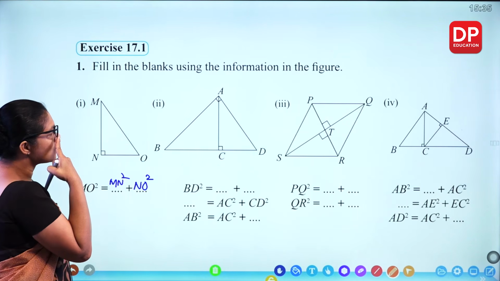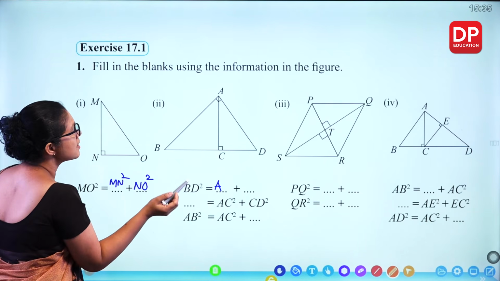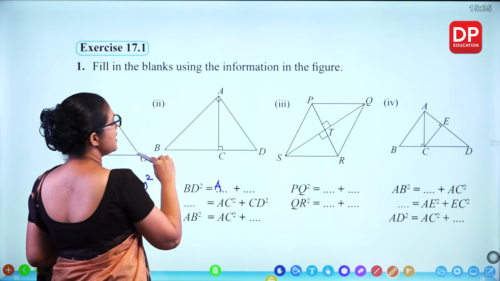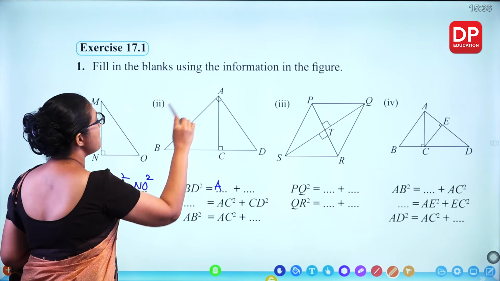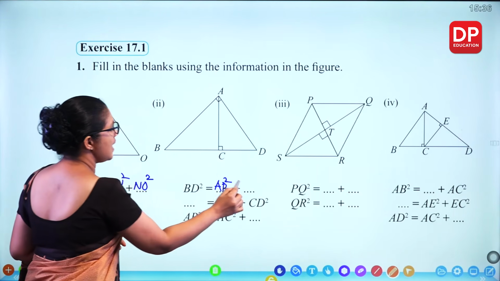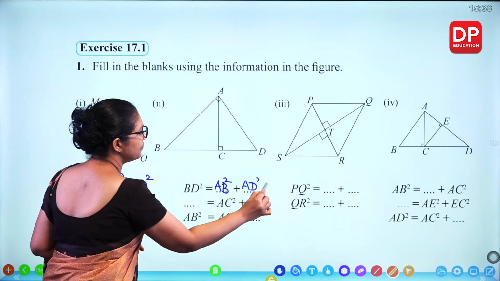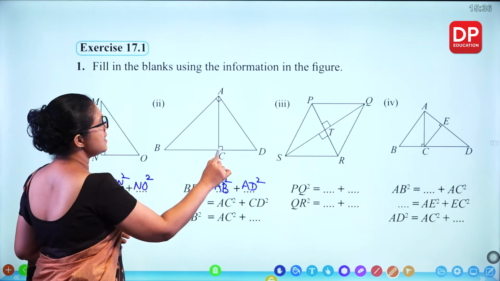So what is BD squared? AB squared plus AD squared. Then AC squared plus CD squared.